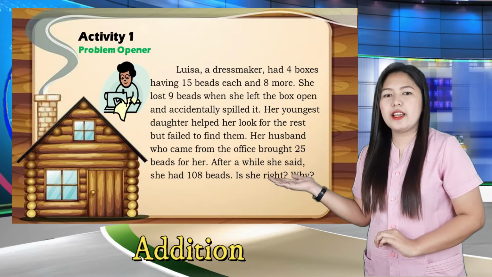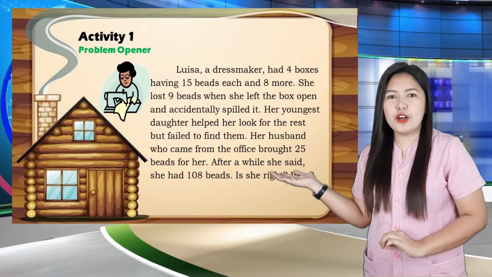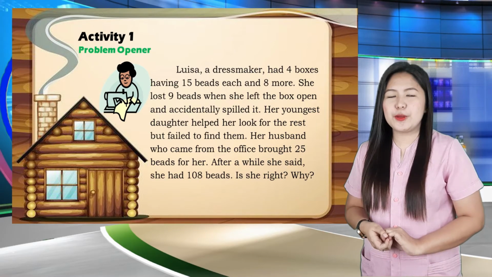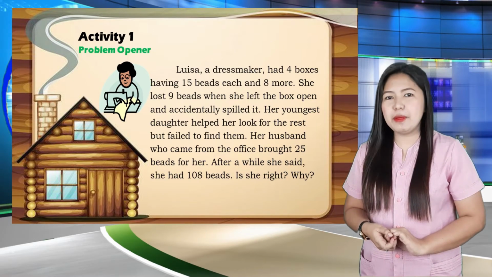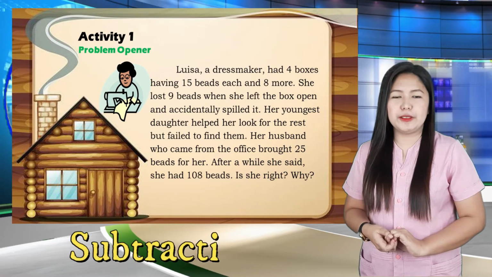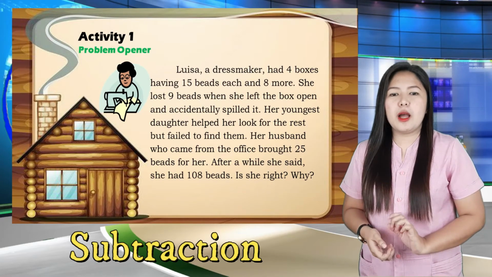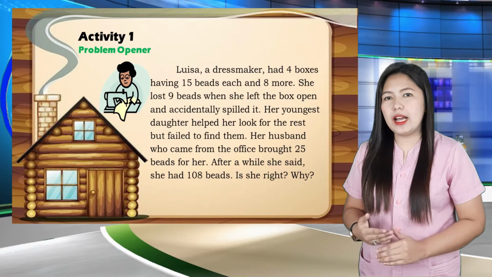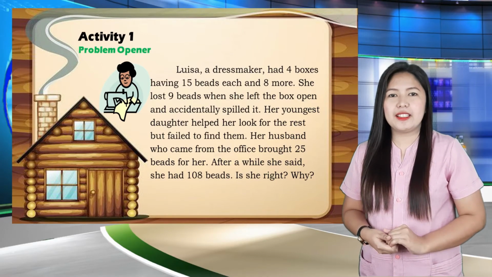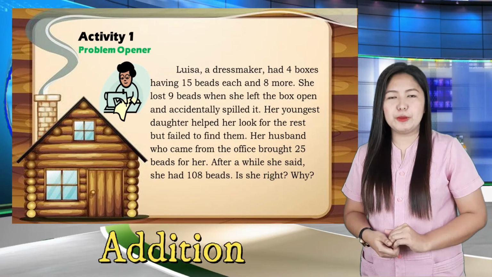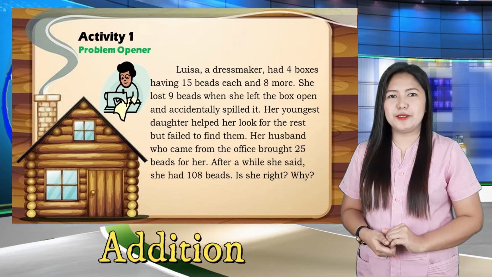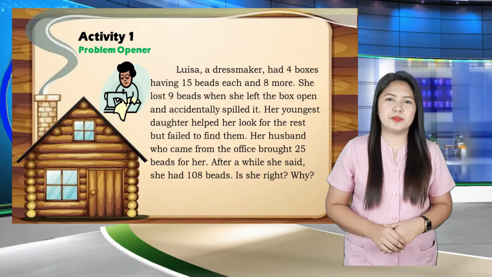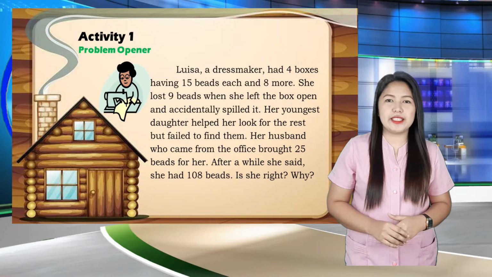She lost 9 beads. Lost, nawalan. So, ibig sabihin, gagamit tayo ng subtraction. Brought 25 beads. Nagdala, nadagdagan. Kaya naman, gagamit tayo muli ng addition. Ano-ano operations ang ating gagamitin?